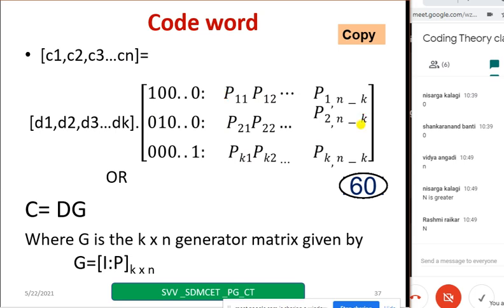As of now, we are going to discuss the theory. Code bits will be given by the data bits multiplied by G. G is nothing but the generator matrix. The generator matrix is given by the identity matrix followed by the parity matrix.